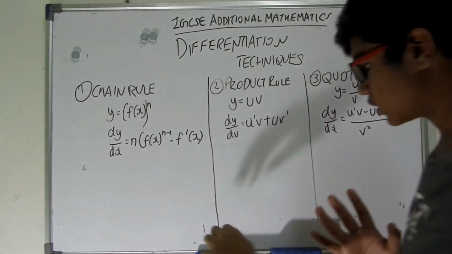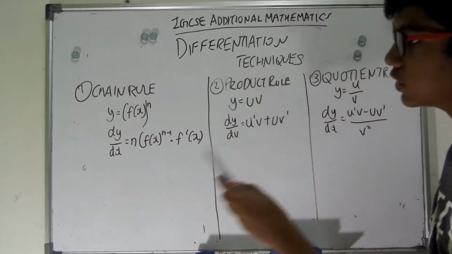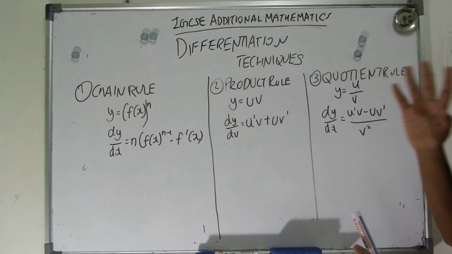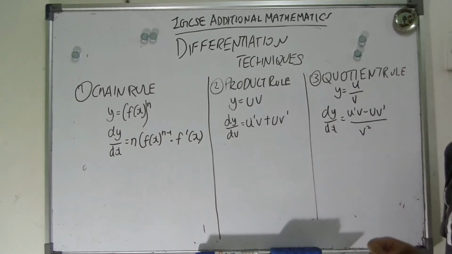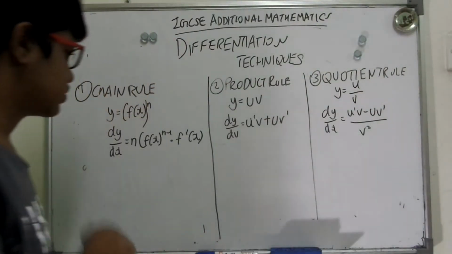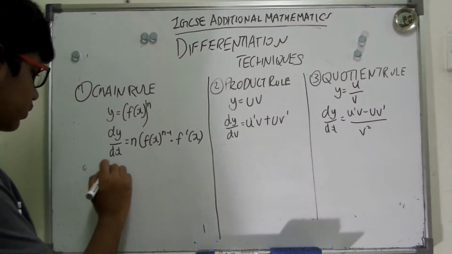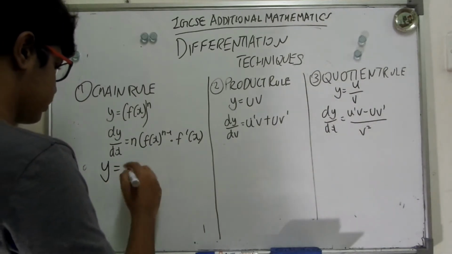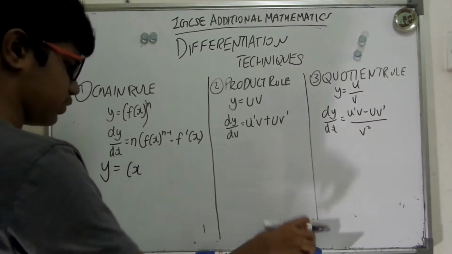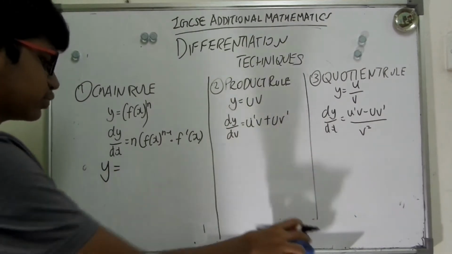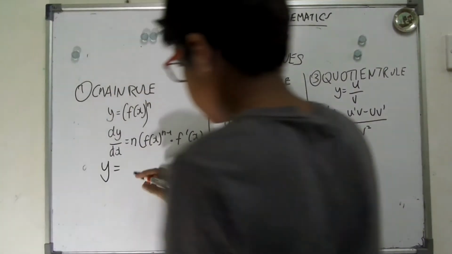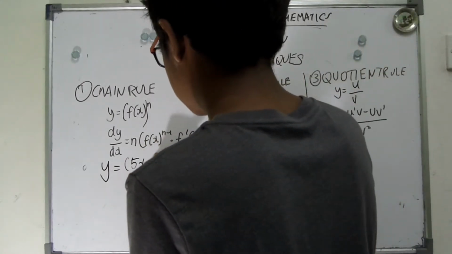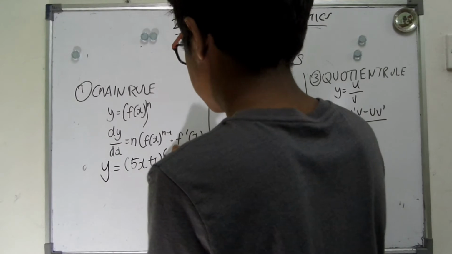So now, starting with rules. There are three types of rules you can use here: the chain rule, the product rule, and the quotient rule. The chain rule applies for circumstances that are something like, let's make up a proper function, not too hard, not too simple, y is equal to (5x + 1) to the power of 6.